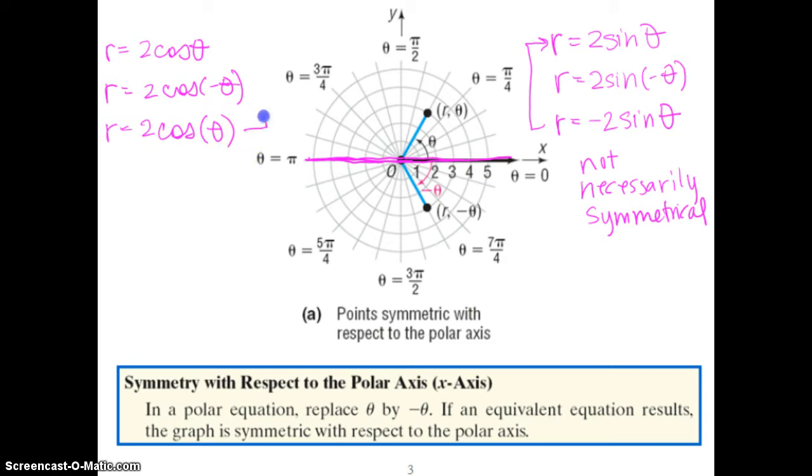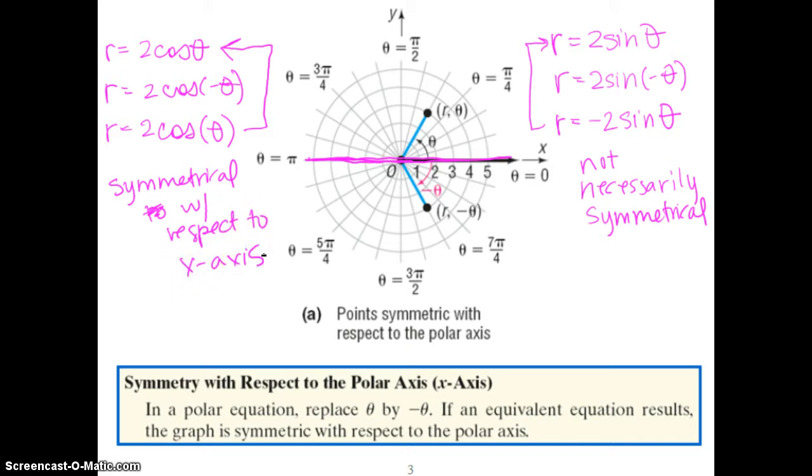Now, if we look back, we see that our simplified function is identical to the initial function. So for this reason, we know that this is symmetrical with respect to the x-axis.